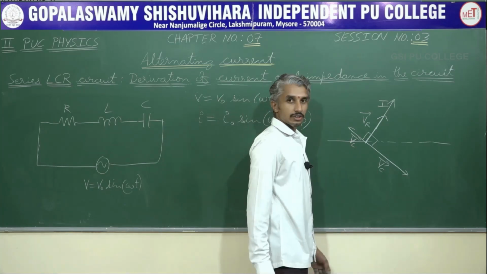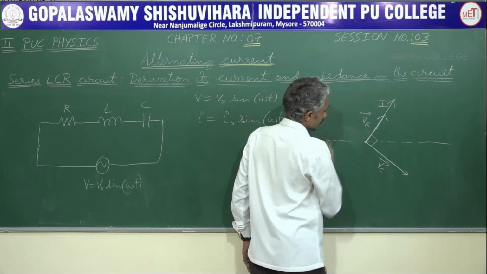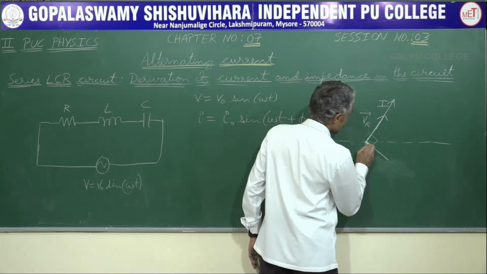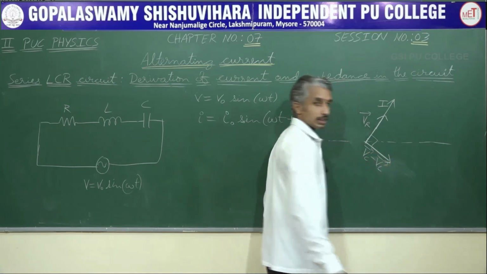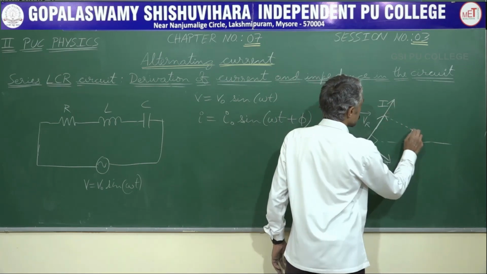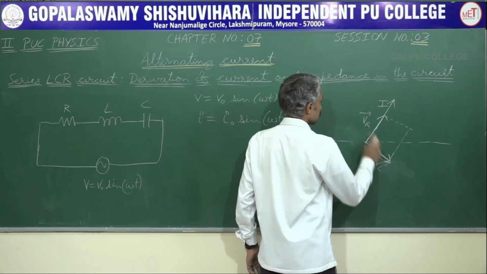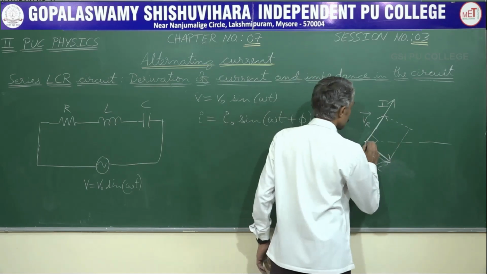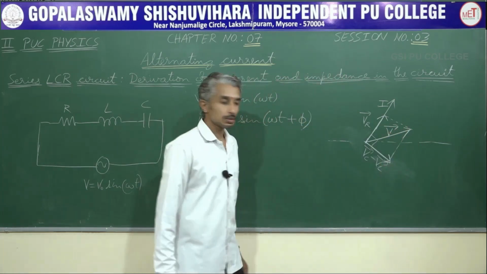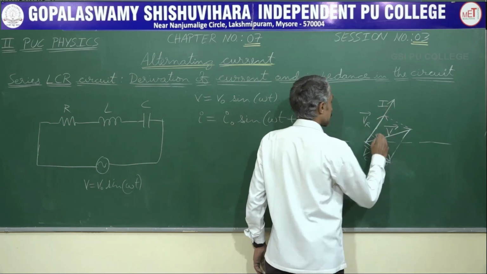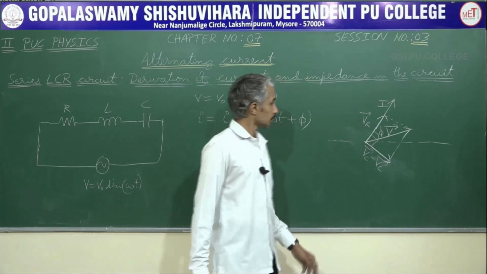As VL and VC are opposite to each other, so we can take the difference between them. If we take the difference between them, I may get a vector VC minus VL, and using the parallelogram law of vector addition, draw parallels to VR and VC minus VL. Now, the diagonal gives the source voltage. The source voltage and the current in the circuit have a phase difference of phi.